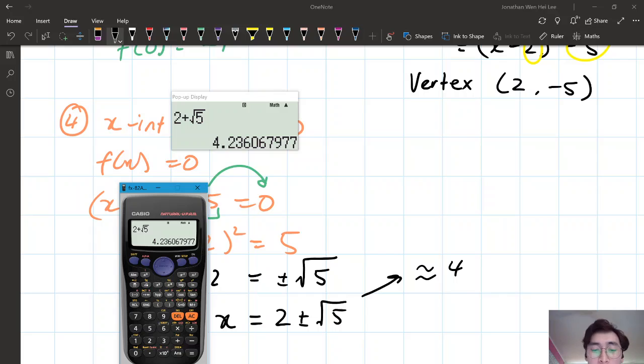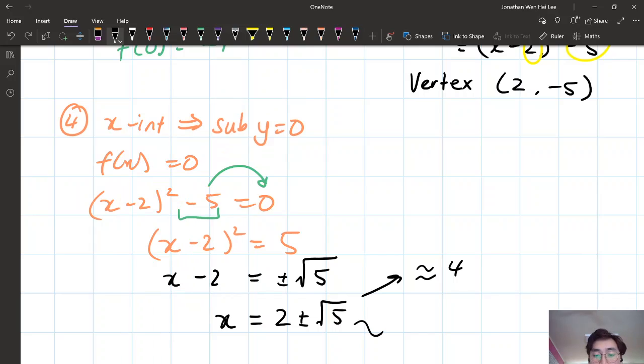I'm not sure about you, but I intuitively can't tell what 2 plus square root 5 is. It's quite difficult to see. I'm going to do the same thing for 2 minus square root 5, and that is approximately negative 0.5, somewhere around there.